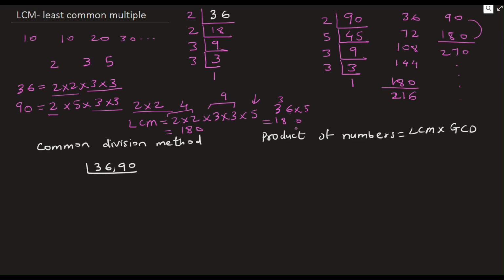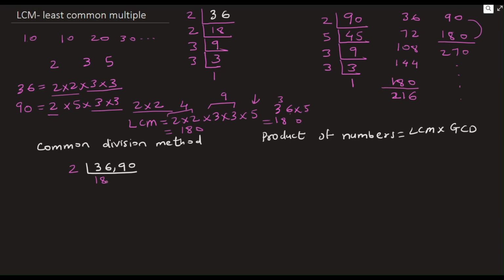Next, I try to find the least common multiple using the common division method. I use the same method as for finding the HCF, but for LCM we have to do more steps. I write down both the numbers together, and the prime number which divides both without a remainder is 2.